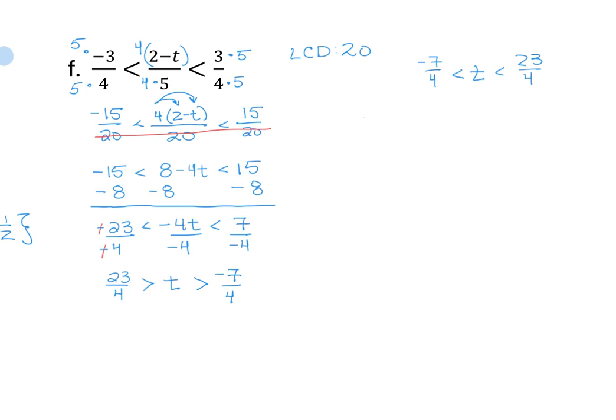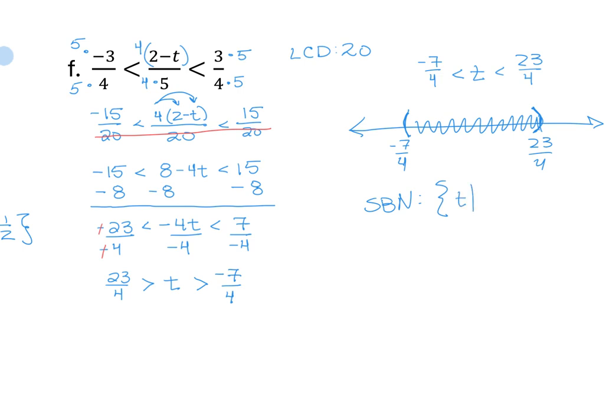All right, if we graph this, we have negative 7 over 4. We have 23 over 4. We're going to shade the middle. We want parentheses or open circles on both of these, and that's our graph. If we want set builder notation, again, we're going to go squiggly bracket.